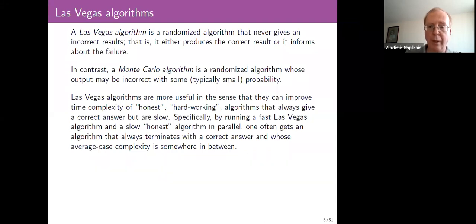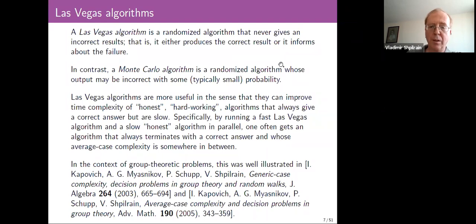And when you run two algorithms in parallel, then the average case complexity of this composite algorithm may be lower than the complexity of the honest algorithm. And this was explored, and many examples of this sort were given in these two papers with Ilya Alexey and Paul Shub.